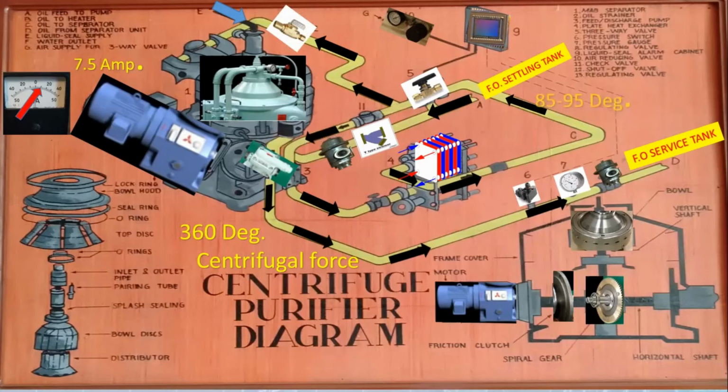Then the maintaining temperature is 85 to 95 degrees for the settling tank, while the fuel oil service tank is around 95 to 110 degrees, while the check valve opens and the fuel oil flows from the fuel oil circulation system.